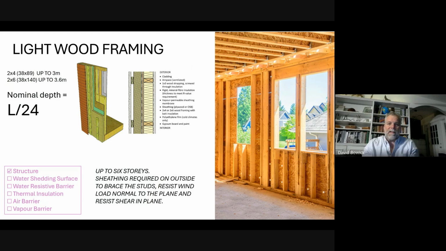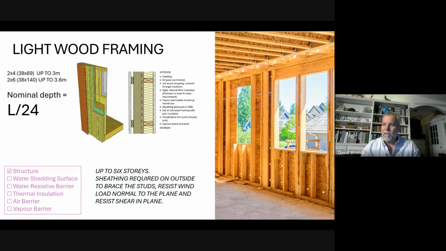So what are the sizes of the studs? Historically, in light wood frame, the exterior walls were 2x6s, and that was just the default. The reason exterior walls were 2x6s is because a 6-inch insulation batt is, I believe, ARC1043, which met the requirements for an insulated perimeter exterior wall.